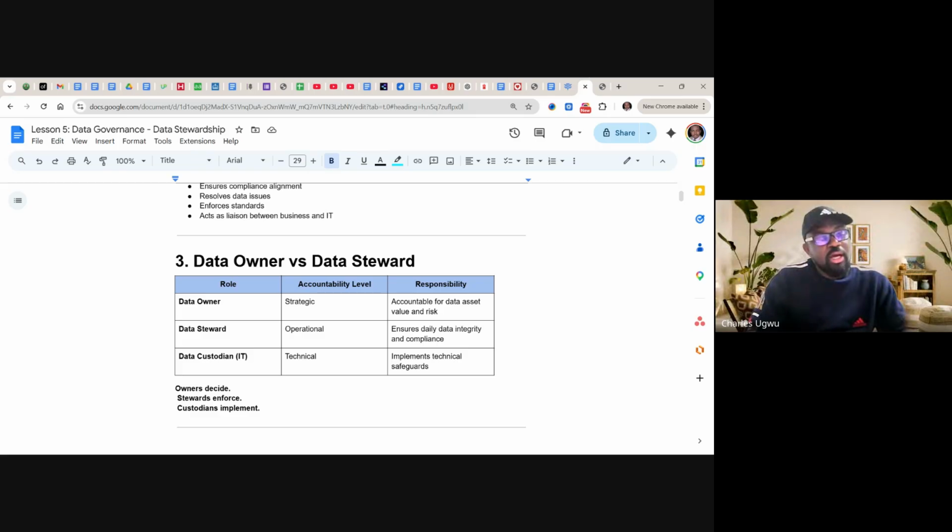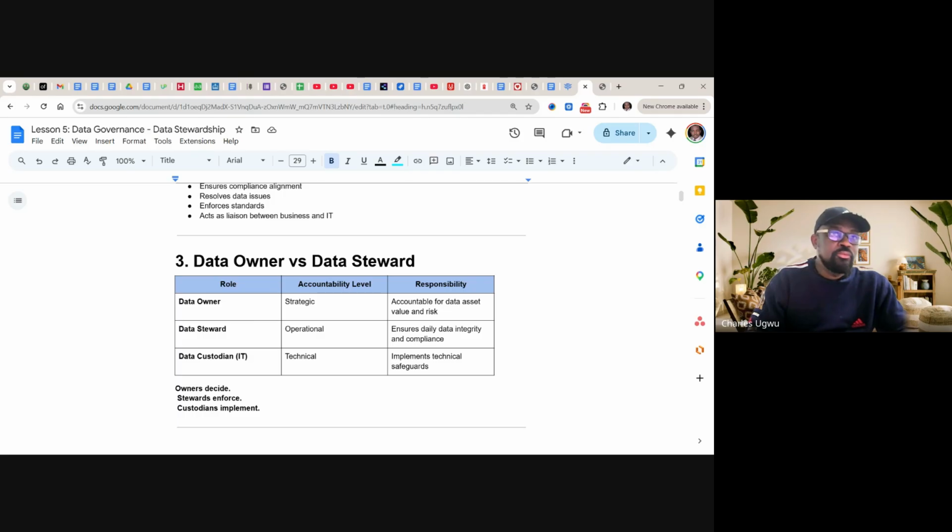Data owner versus data steward: who is the data owner and who is the data steward? Their strategic positioning and responsibilities. The data owner is a more strategic person, more in the leadership aspect of data governance, accountable for data assets, value, and risk.